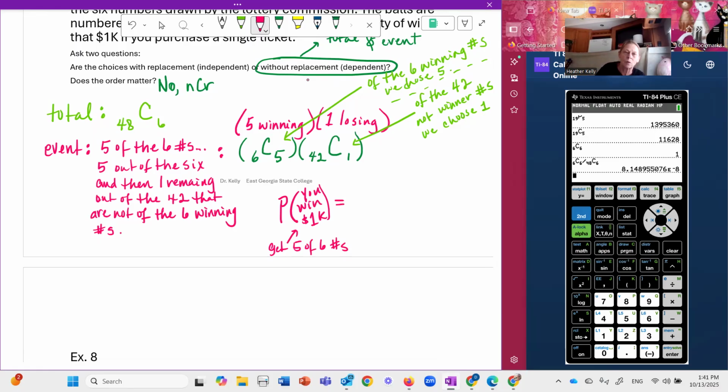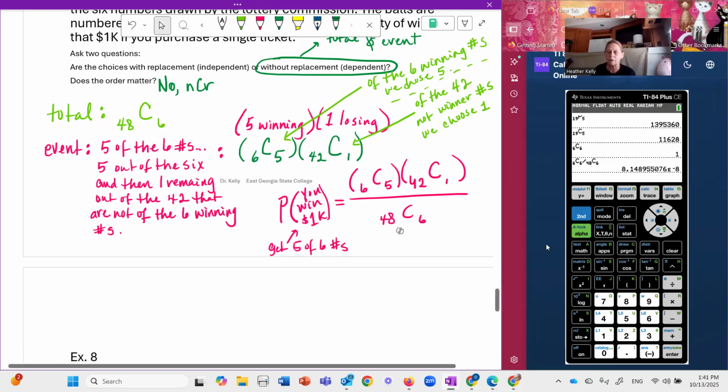That's going to be the event, which is 6 choose 5 times 42 choose 1, over 48 choose 6. And we're going to do all this in the calculator.